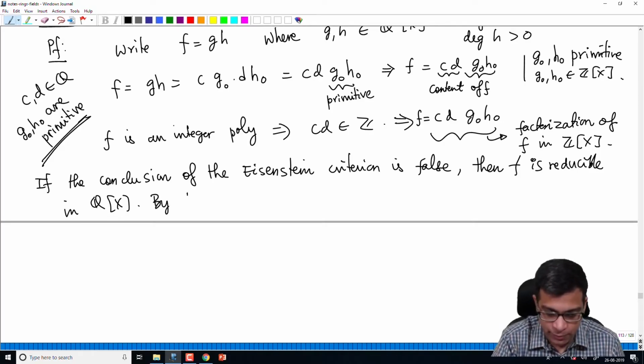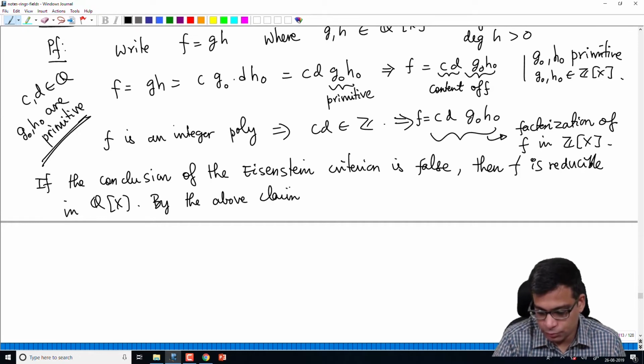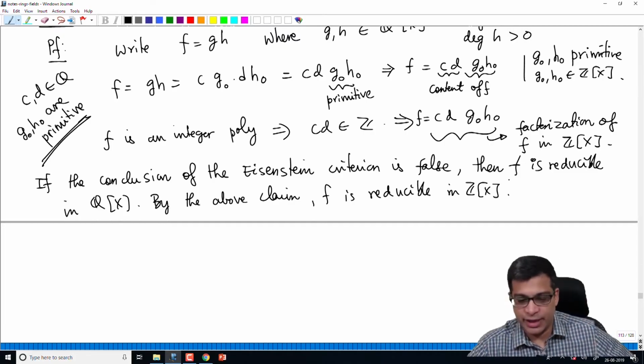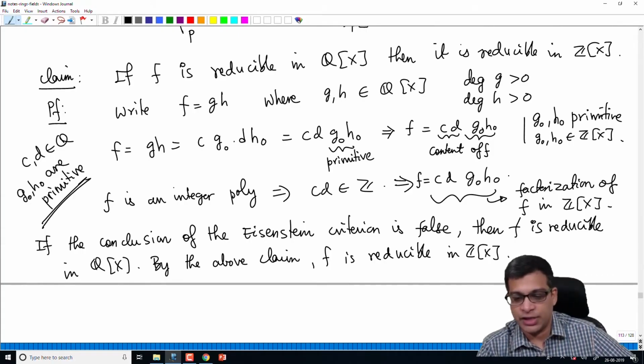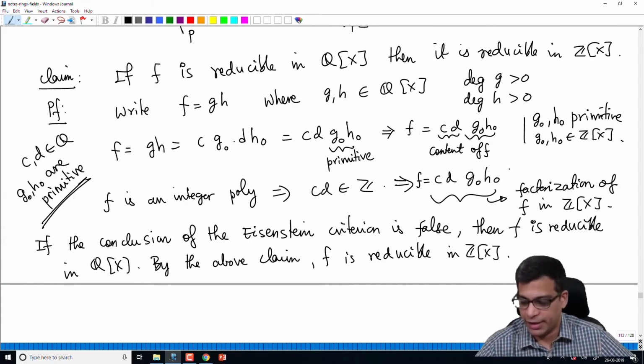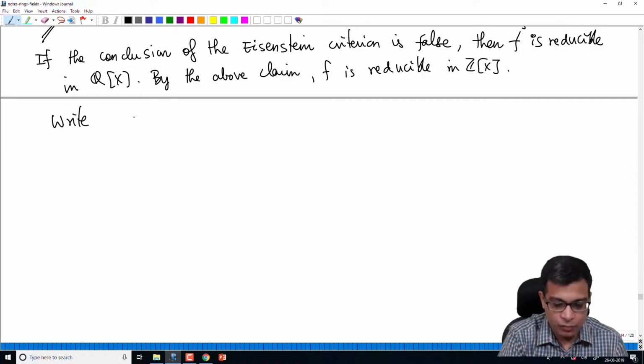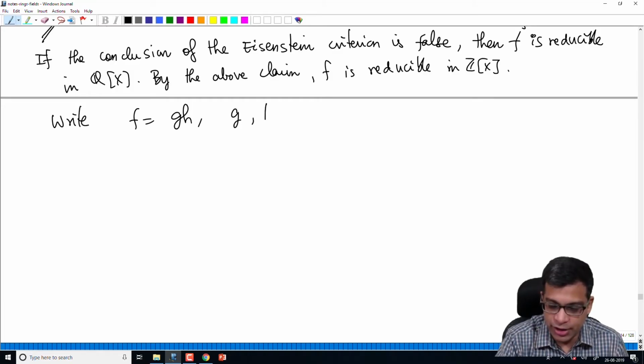By the above claim, F is also reducible in Z[x]. The claim is, if a polynomial is reducible in Q[x], then it is reducible in Z[x]. So I am going to now write F as G times H, G and H in Z[x].